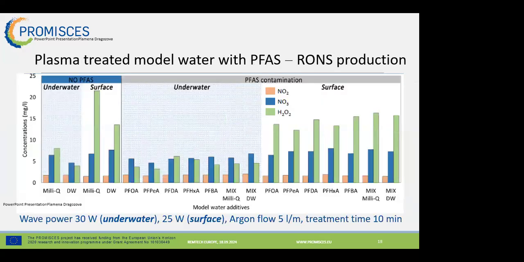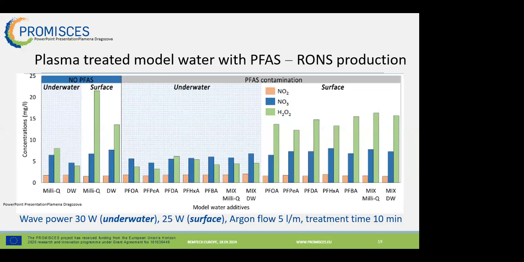And what we would like to understand is whether the reactive nitrogen and oxygen species can affect the reduction of PFAS at the same time, because we have all these active particles inside the plasma.